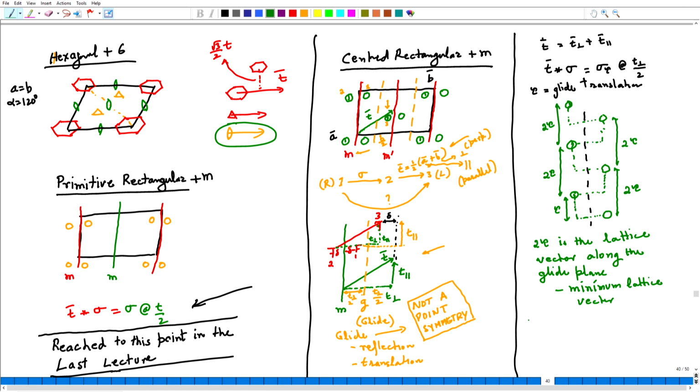So, an important conclusion that follows is that the glide translation is exactly half the lattice translation along the glide plane.